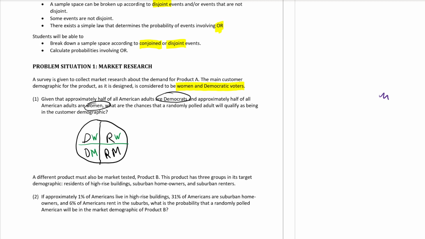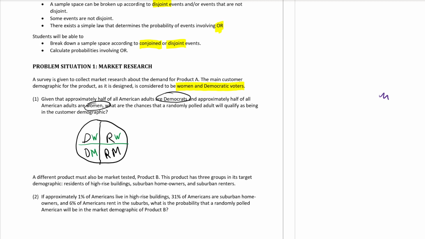When we say woman and a Democratic voter, we basically say that a person will be interested in that product if they fit either category. So it doesn't mean that they have to be a Democratic woman voter, for example. It's basically either or. This is how it was designed. So it's either woman or Democratic voter.